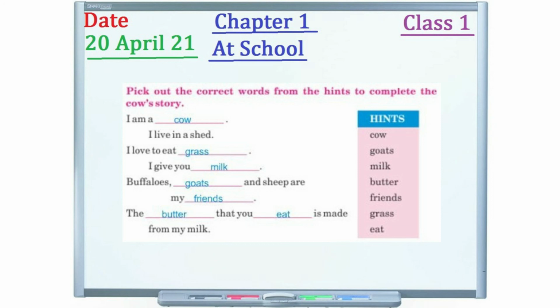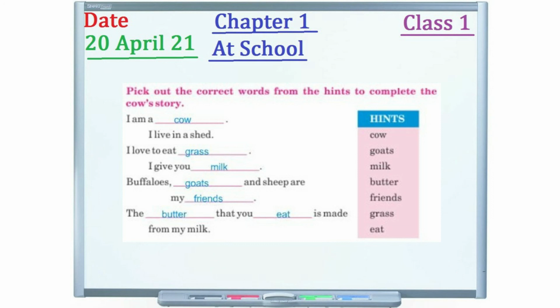The butter that you eat is made from my milk, means cow's milk.